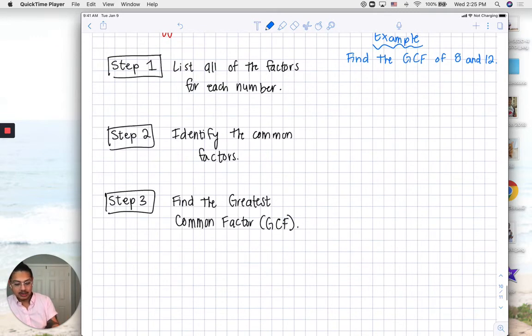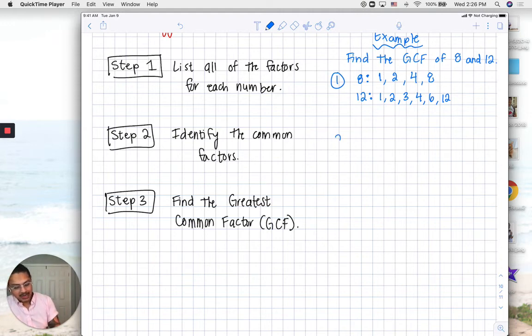Now, step 1, list all the factors. I know the factors of 8, the numbers that go into 8, start with 1, 2, 4, and 8. Now we need to find the factors of the second number, 12. So I know that 1 goes in there, 2, 3, 4, 6, and 12. Write out all the factors for each number, please.